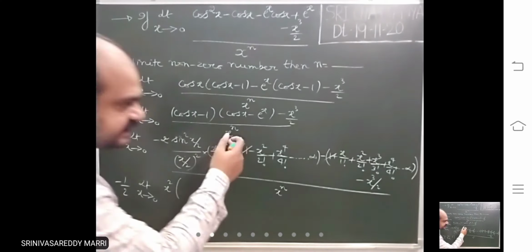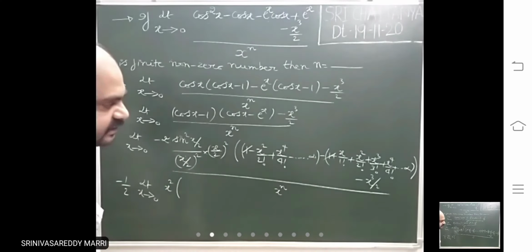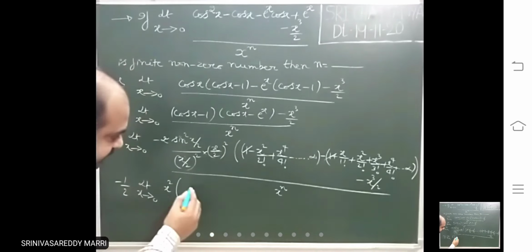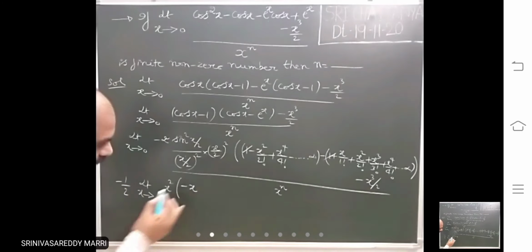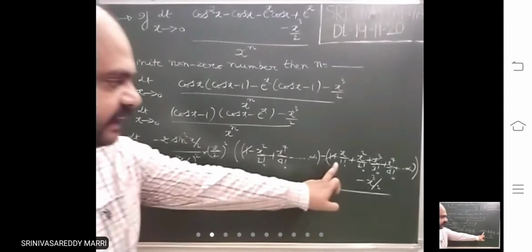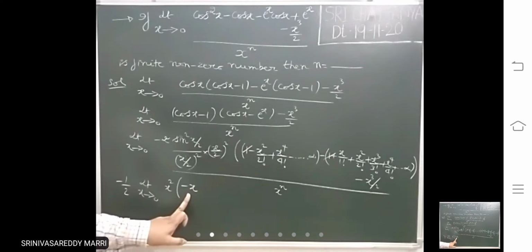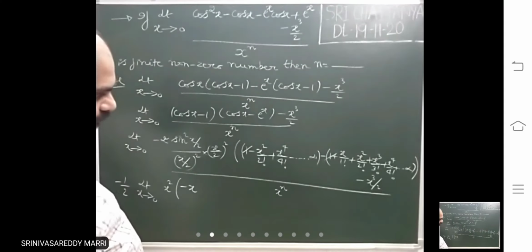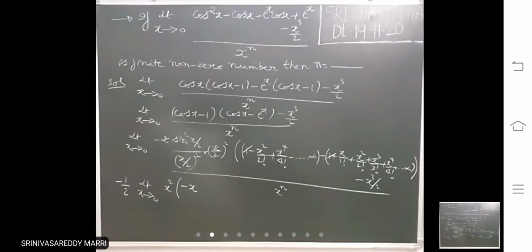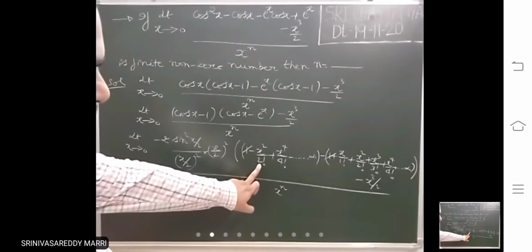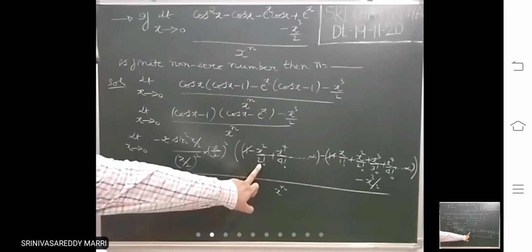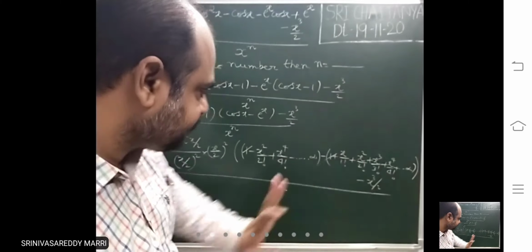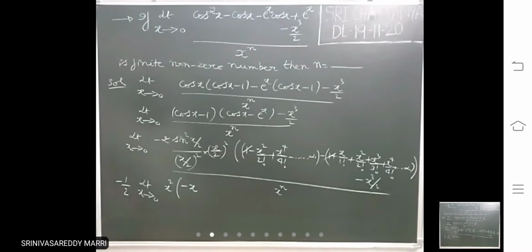Now I am arranging in ascending order. Ascending order means first the x term: minus x. First x power 1, there is no x power 0. Then minus x square by 2 factorial here, so minus x square by 2 factorial.